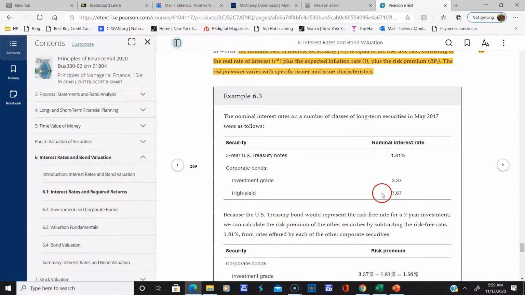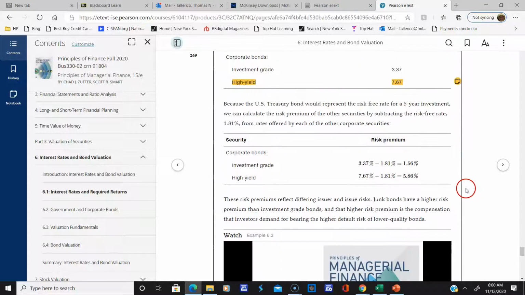But here for high yield or junk bonds, as they're known, you see there's a high risk component that adds to the return you got to receive. Remember, risk and return go hand in hand. So you can see the risk premium being added. You notice the word here, risk premium? So here's the word risk premium, and here is the risk premium for junk, okay, for junk bonds.